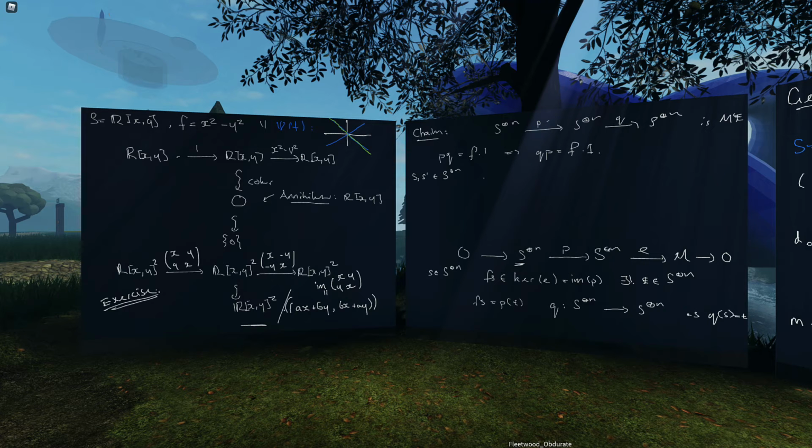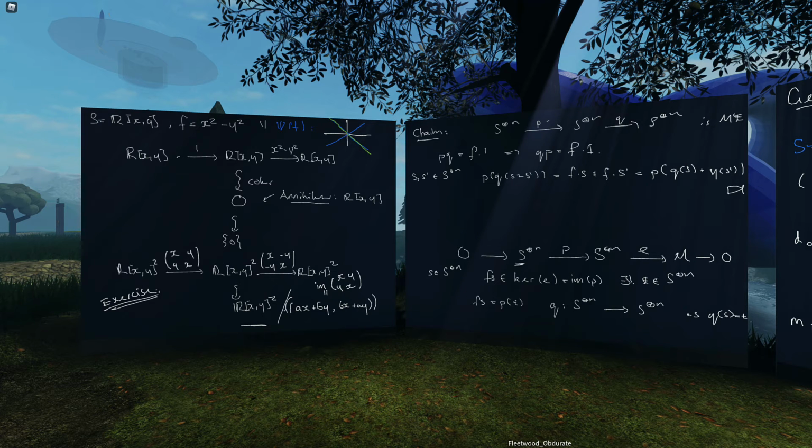Then P of Q of (s + s') is just F times s plus F times s', which is just P of Q of s plus Q of s'. Again we use the fact that P is a monomorphism, and we get what we want. We can see that it is compatible with addition, and likewise we could show the same thing for scalar multiplication.